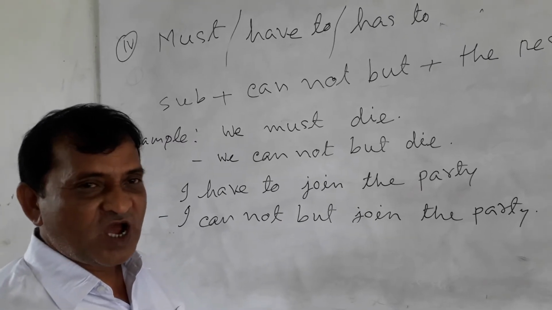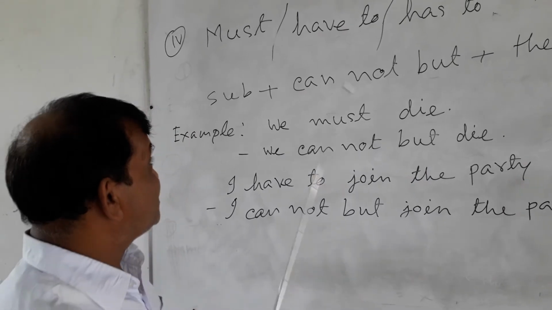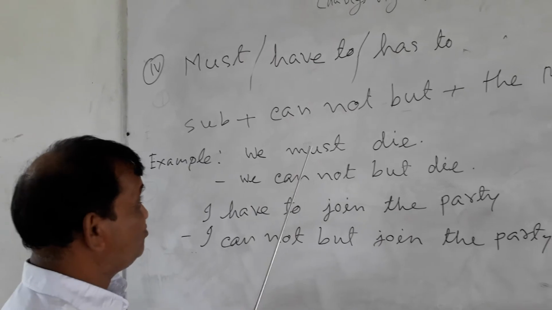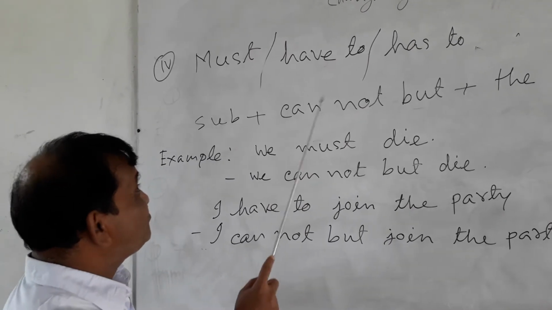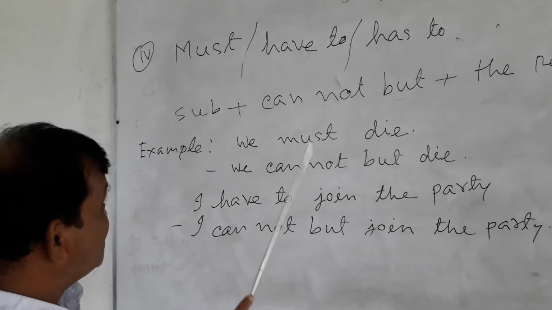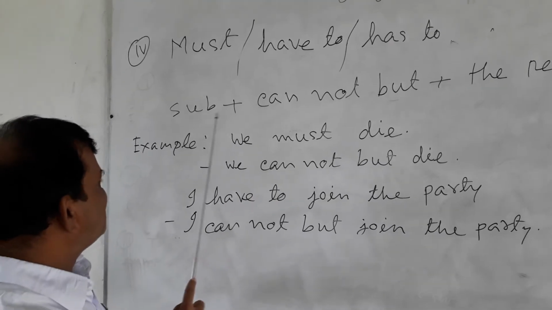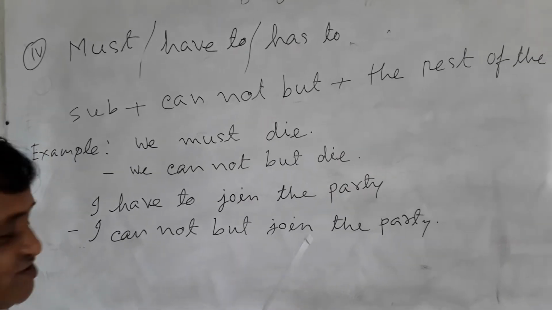Now I will discuss another item. Another item is must, have to or has to. If in a sentence must, have to, has to is used, then we follow the structure: subject plus cannot but plus the rest of the sentence.